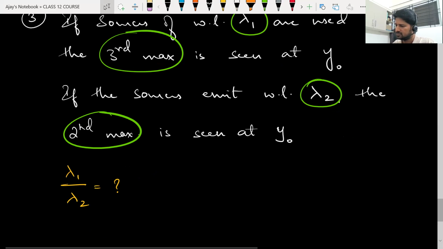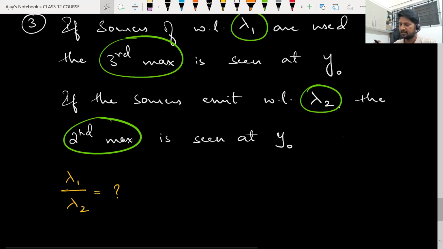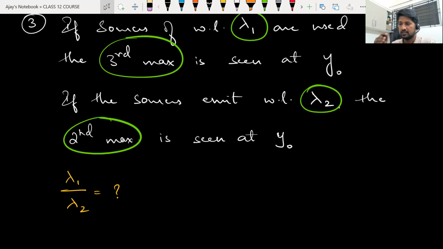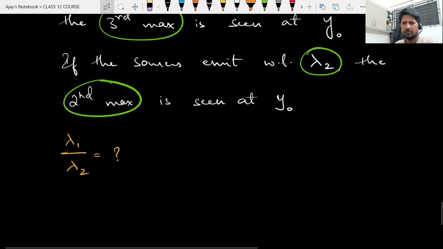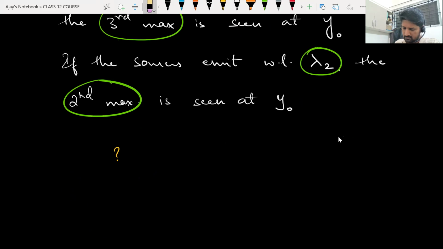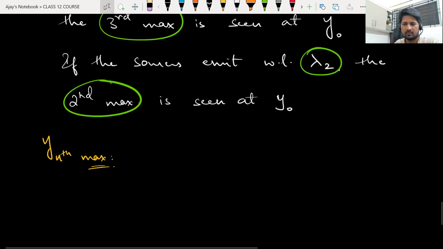Right. When both the sources emit light of wavelength lambda 1, you get the third maximum at y naught. Can you tell me the general formula for the nth maximum in YDSE? Sir, theta for the nth minimum is (2n minus 1) lambda by 2.